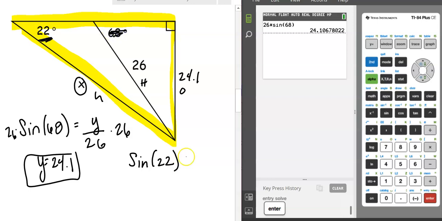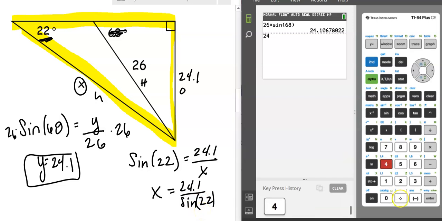Okay, sine of 22 equals 24.1 over x. So because your x is in the denominator, you're going to switch. x equals 24.1 divided by the sine of 22. So onto our calculators, 24.1 divided by the sine of 22. Your x value is 64.3.